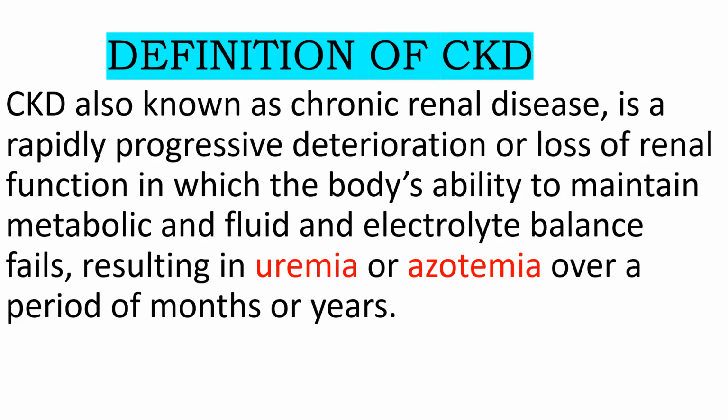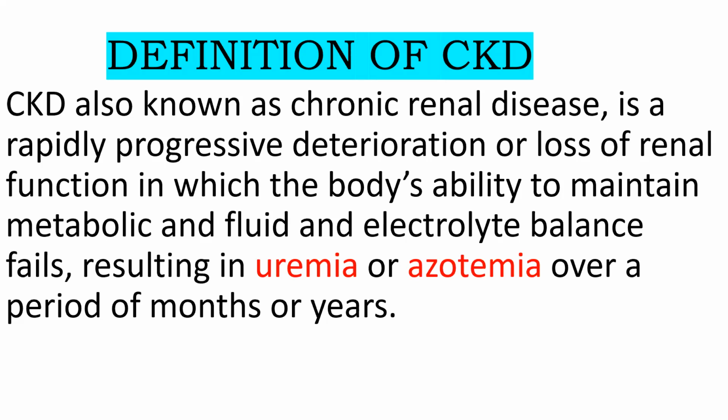Here it is mentioned that chronic kidney disease is a very severe disease. It is a progressive disease. Progressive means it develops gradually, and as it develops it will deteriorate. Deteriorate means it will get worse.